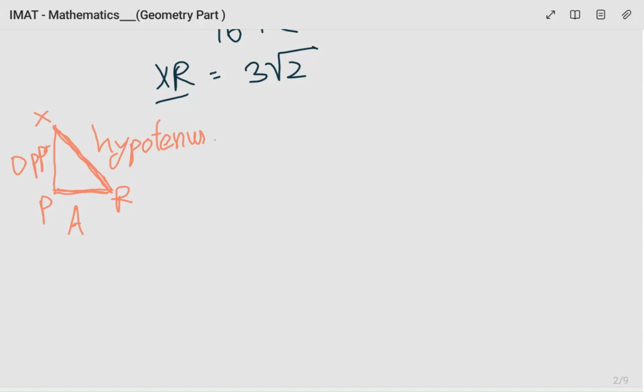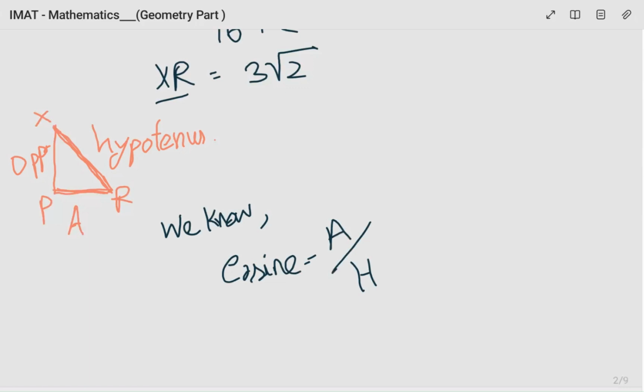Okay, so for cosine, we know cosine equal to adjacent by hypotenuse. So these formulas are important. So please remember this formula. We know cosine equal to adjacent by hypotenuse.